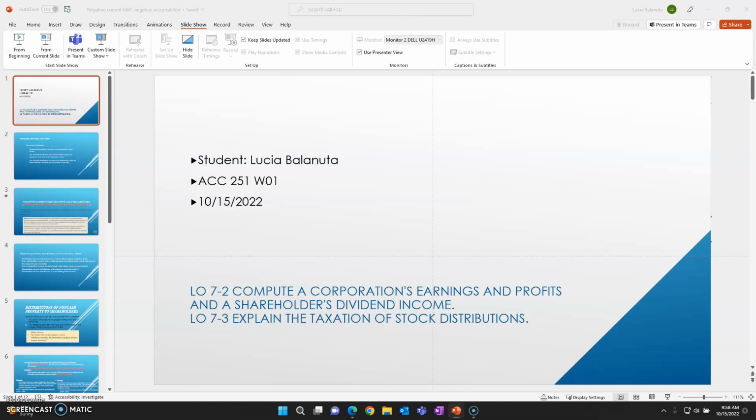Distributions of cash or property cannot generate or add to a deficit in earnings and profits. Deficits in earnings and profits can arise only through corporate operations.